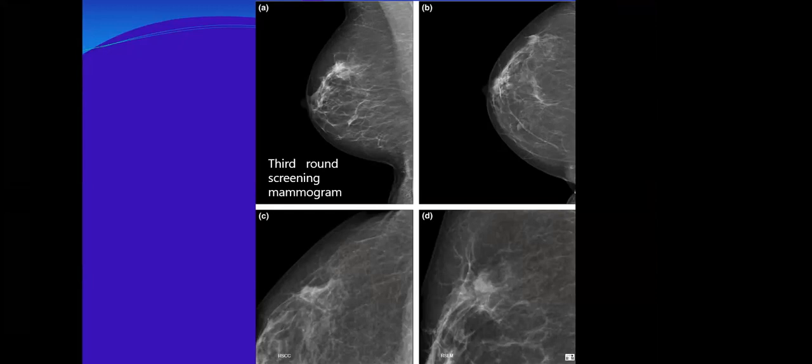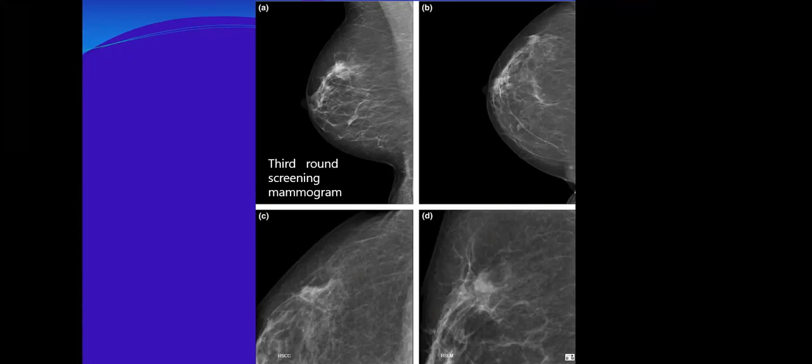On the third mammogram, the previously seen focal asymmetry is now increased in size and more spiculated, with more ductal extension to the nipple. So it increased in size. The focal asymmetry is now representing a spiculated mass.